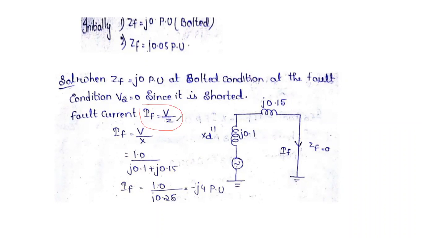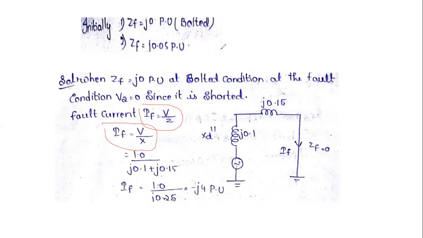Here Z is only the reactance, so IF is equal to V by X. The voltage is 1 at an angle of 0 degrees, that is 1.0 per unit, divided by X. What is that reactance?